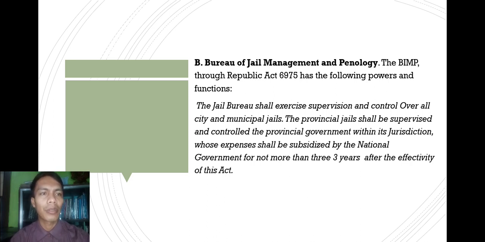Host expenses shall be subsidized by the national government for not more than 3 years after the effectivity of this act. So the ones responsible for provincial, city and municipal jails are under the Bureau of Jail Management and Penology through Republic Act 6975.